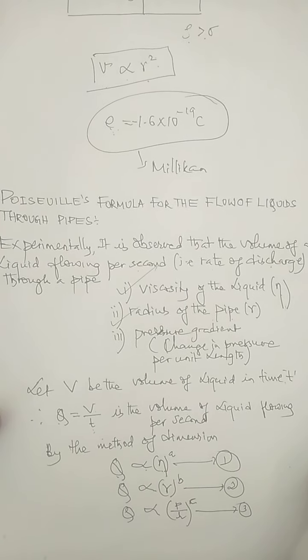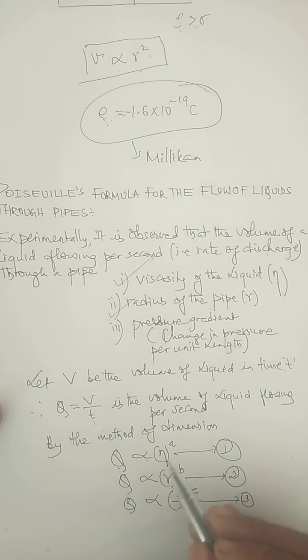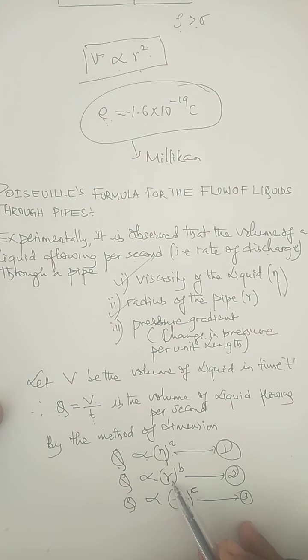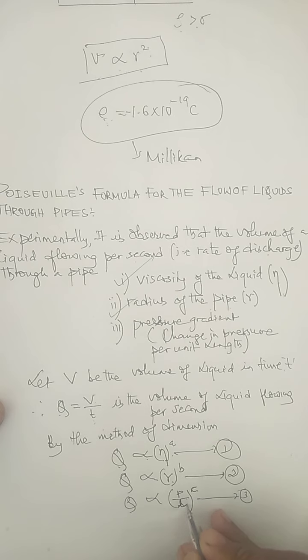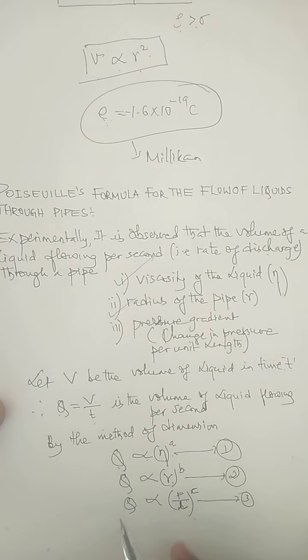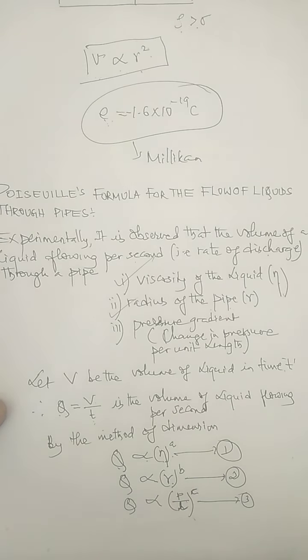So if you look at the expression, children, this is the coefficient of viscosity of the liquid, this is the radius of the pipe, and this is the pressure gradient, P by L. So this rate of flow of volume of liquid is expressed dimensionally by these 3 equations. So what I do, I combine these equations. Now in order to derive the formula, I combine equations 1, 2 and 3, both sides.